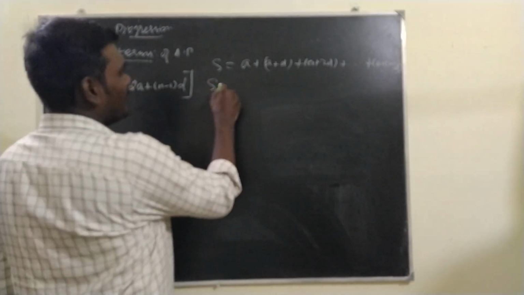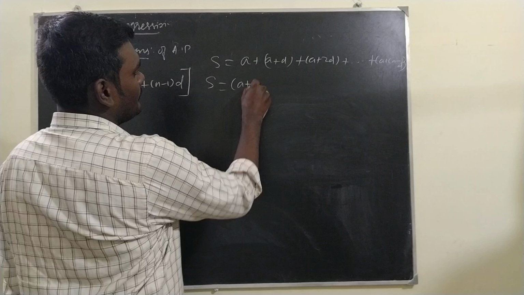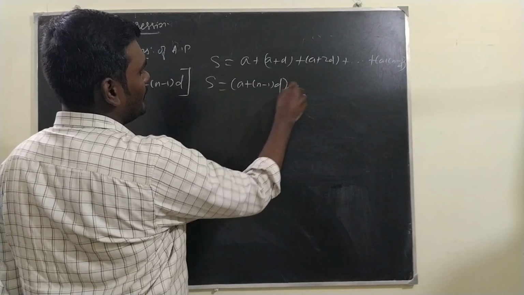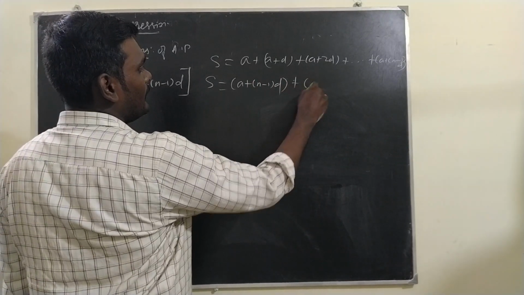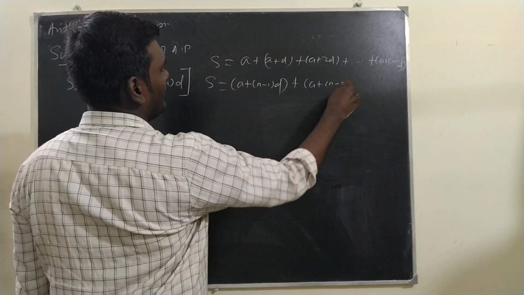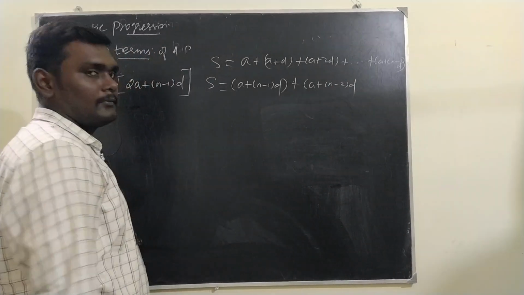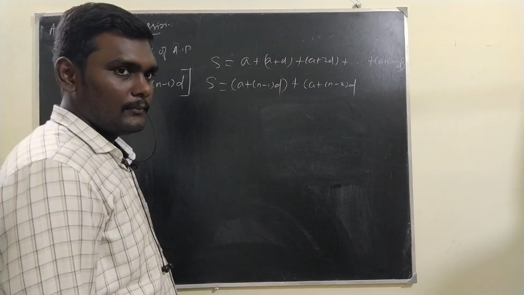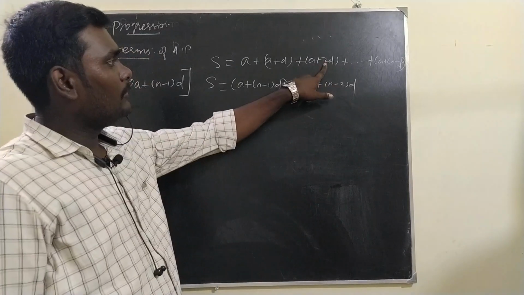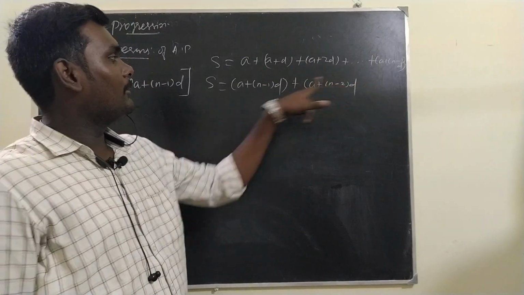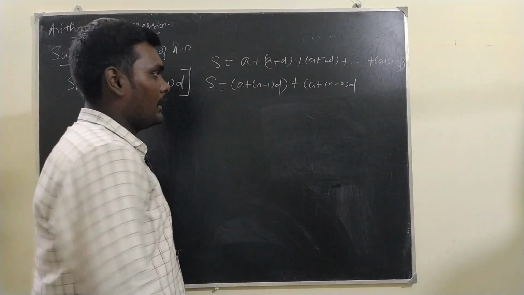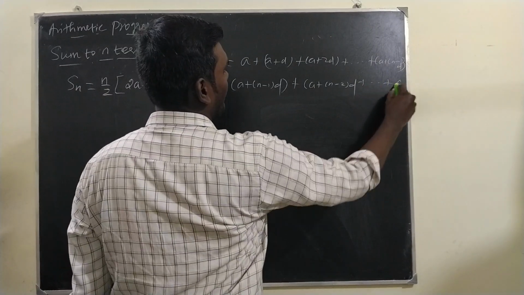Again, I am rewriting that S from the last: a plus (n minus 1) into d, plus a plus (n minus 2) into d, the previous term. See, here 2 minus 1, there n minus 1 means n minus 1 minus 1, that is n minus 2. So, at last we have a.